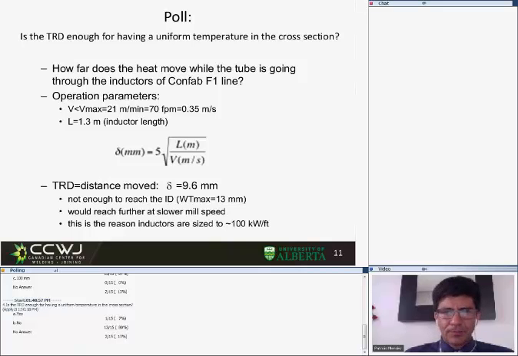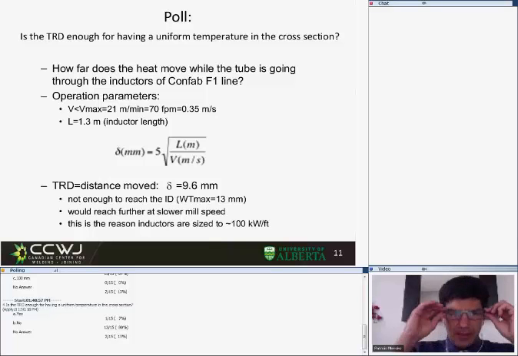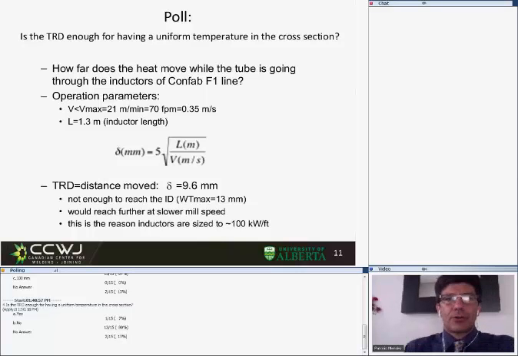And so almost all of us agree that if the thermal reference depth is of the order of 10 millimeters, and we have a wall thickness of 13, this is not enough on its own to give us a uniform temperature in the cross section.